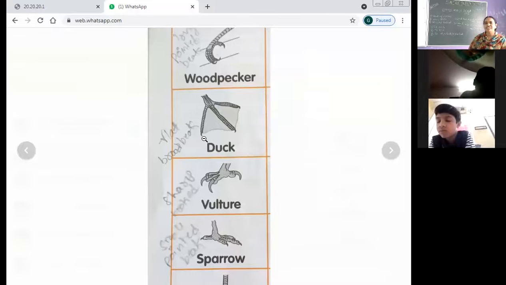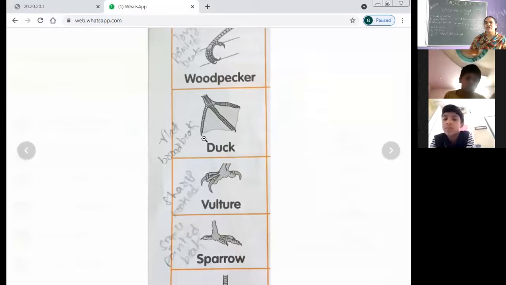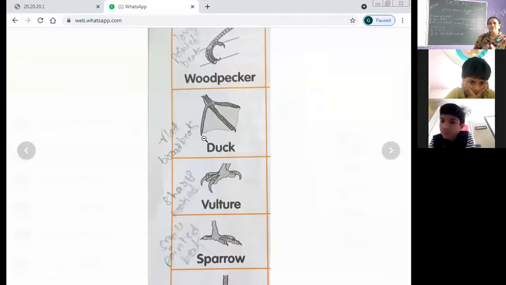So the birds which live in water, like penguins and ducks, have webbed feet. The webbed feet help the birds to swim in the water by pushing back the water. Is it clear for you?